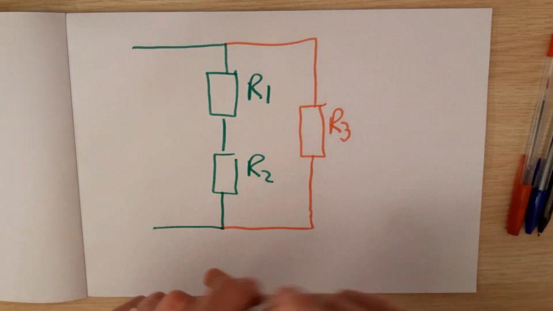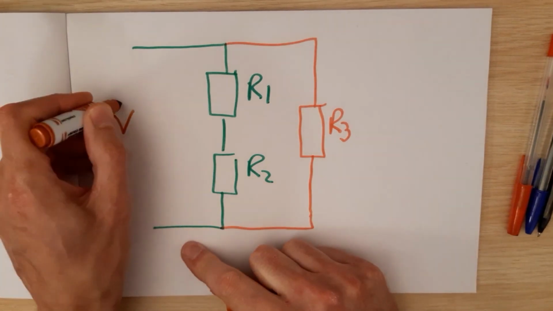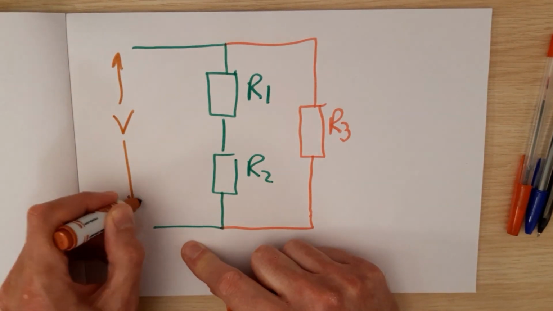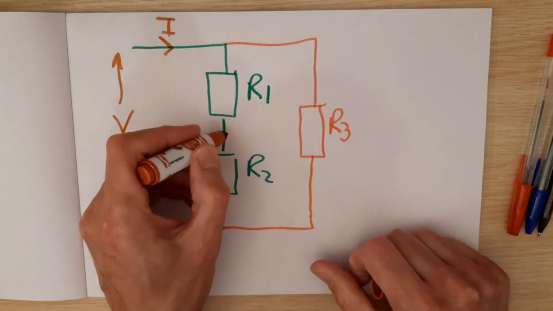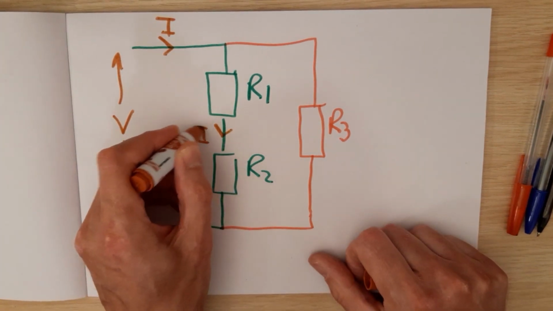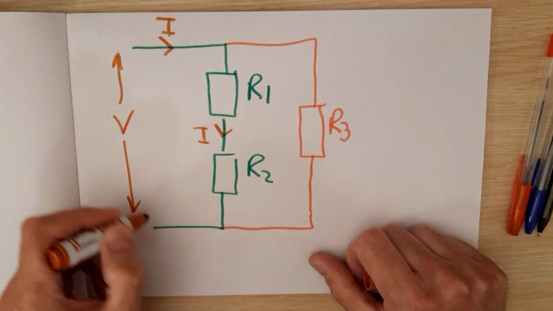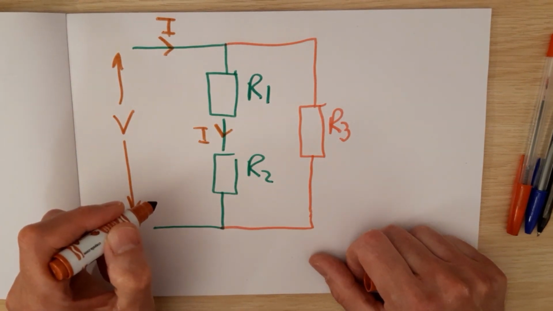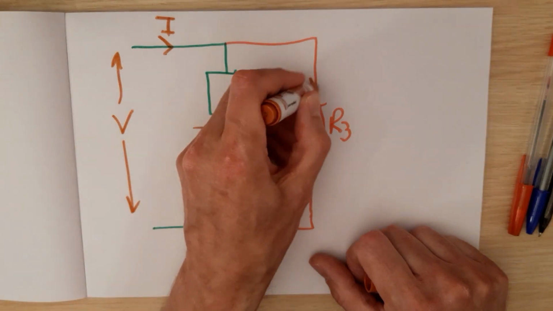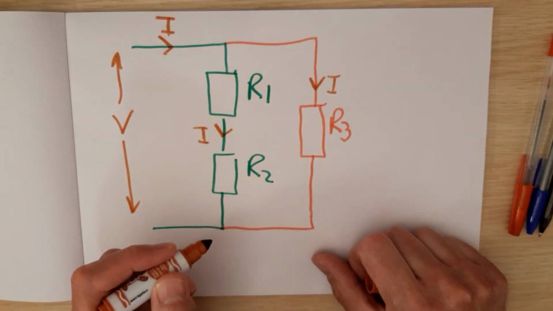We know there's a voltage across here, V, and we know there's a current I through here. And we know the current I goes all the way around. These two are in series, so their current is the same all the way around. So that would be the same as I through R3.